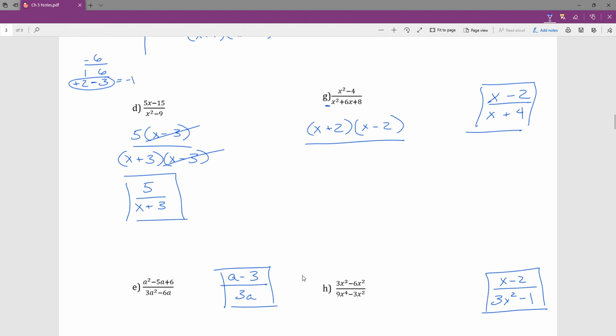I can see that it's a simple trinomial, so mercifully I can use the shortcut, which I'm all about when I can. I'd have 1 times 8 at the top of my number puzzle, so a positive 8, factoring 8 as many ways as I can, and it's a positive 8, so they're all positive or all negative. I've got a positive 6 as my B term, so plus 2 and plus 4 satisfy my number puzzle.